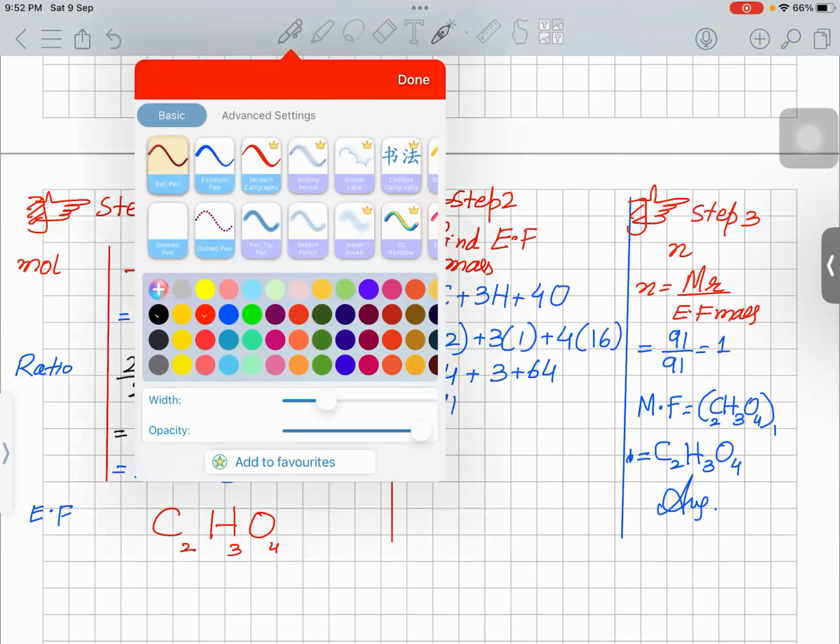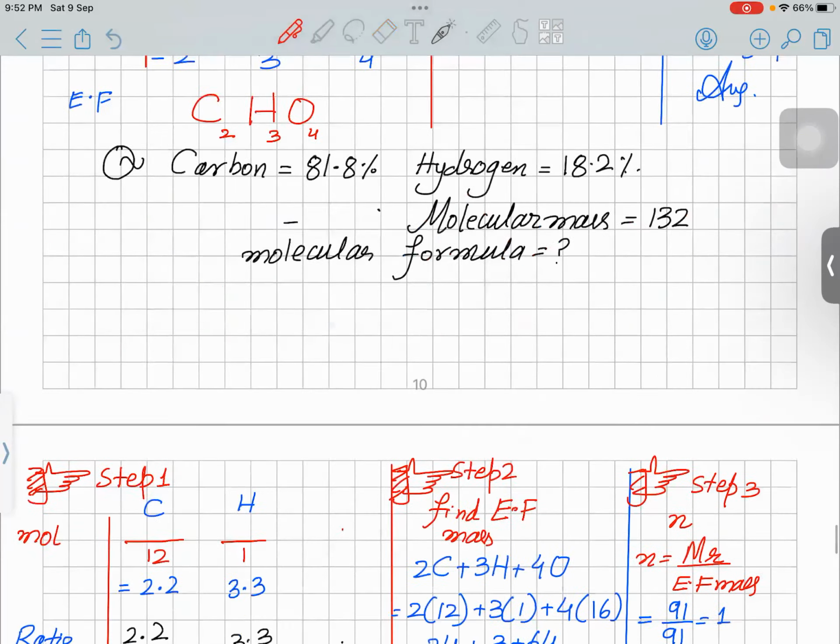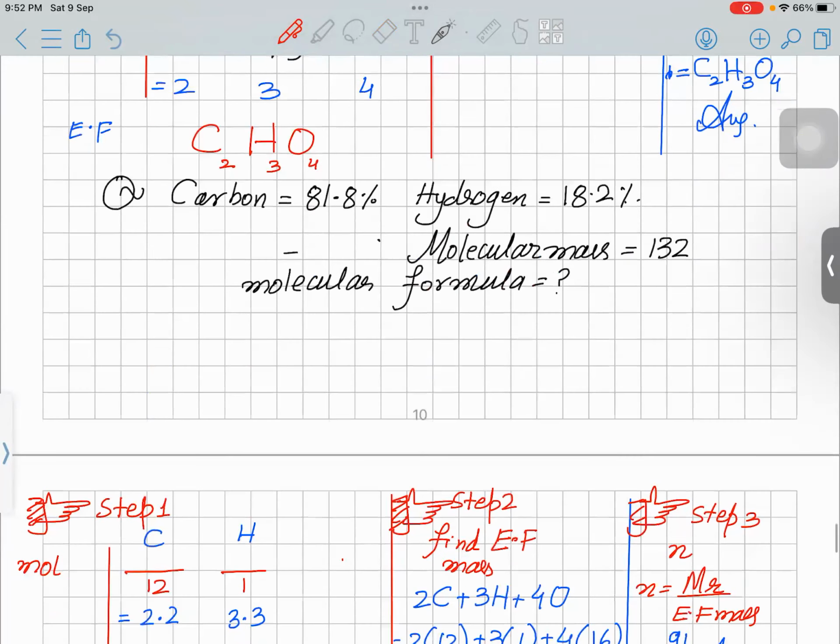Sir, where is the question? Here you have the question. Carbon is 81.8%, hydrogen is 18.2%, molecular mass is 132. Find the molecular formula.